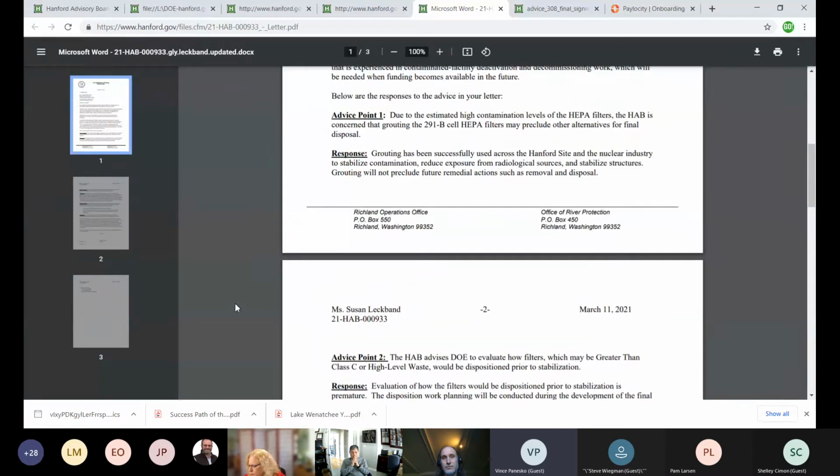And they're arguing, well, we don't know what the final remediation is. Well, guys, don't go in there screwing it up with grout if you don't have a future plan. That's essentially what our advice said.